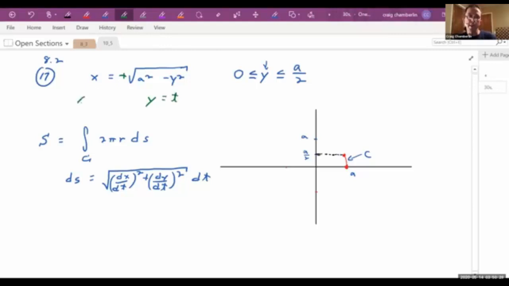And then automatically x is the square root of a squared minus t squared. And I get my parametric equations that way. Alternatively, you could use the appropriate equation that they give you in this section for when x is defined as a function of y. But it's equivalent. And if you do it my way, there's only one formula to memorize once you get your parameterization.